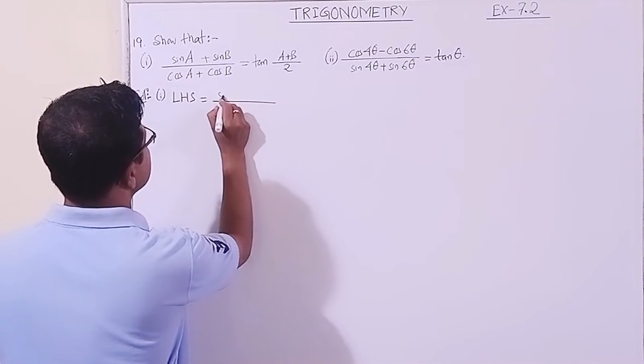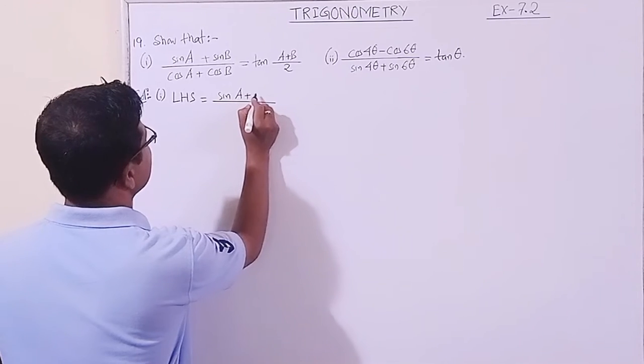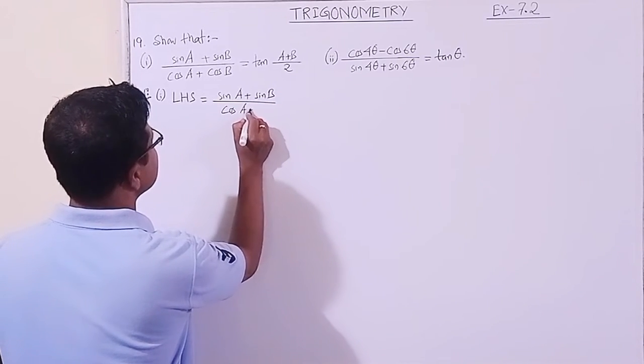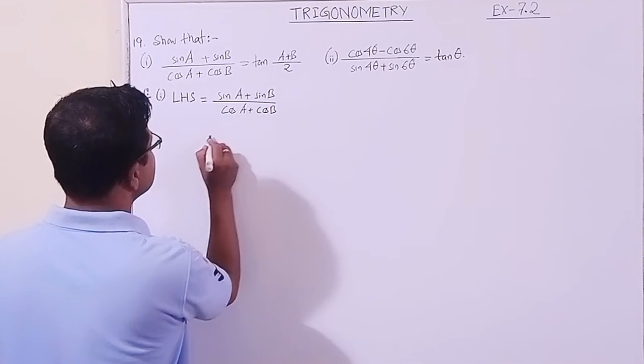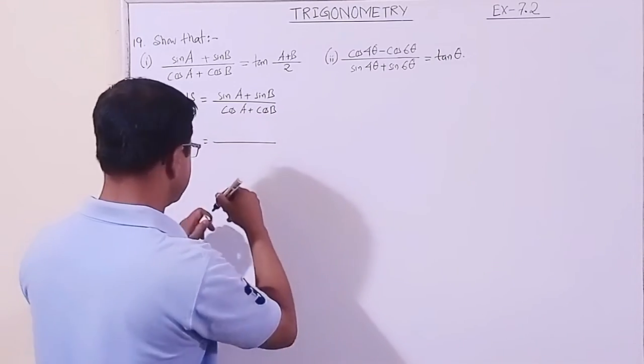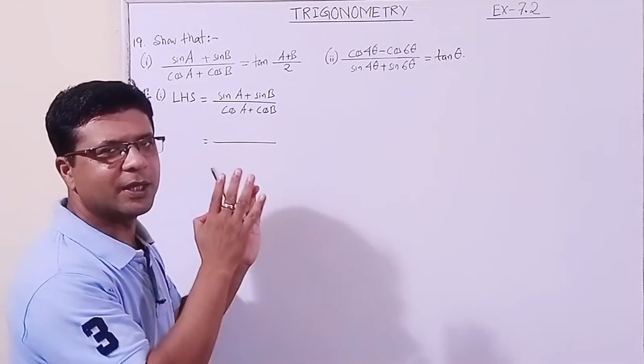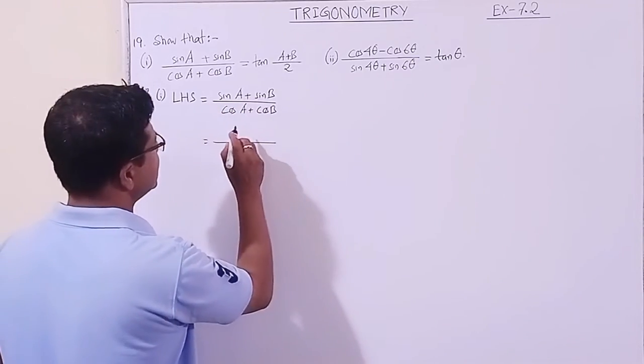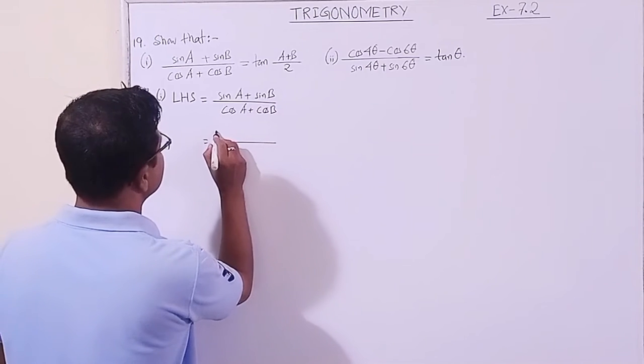You will see, sin A plus sin B over cos A plus cos B. Now dear students, what is the formula? The solution is just that we will apply the formula, nothing else. Sin A plus sin B, that means sin C plus sin D. What is the formula?